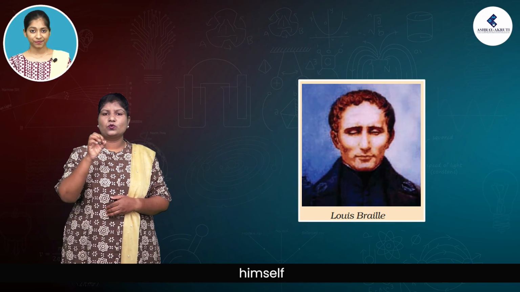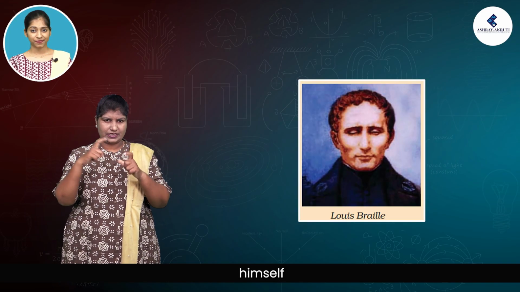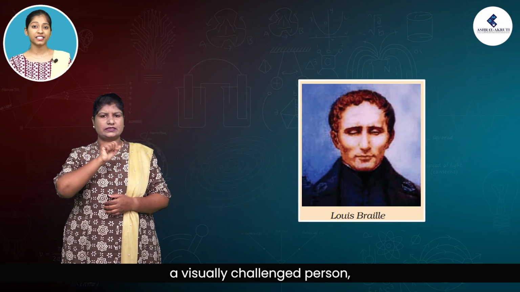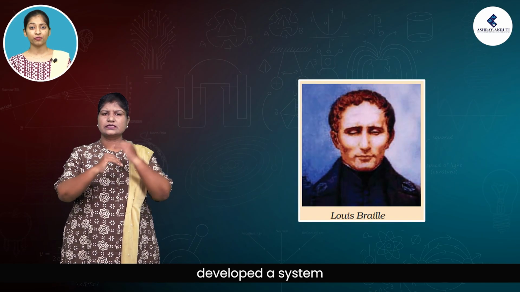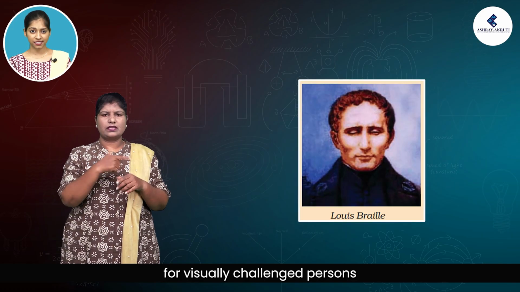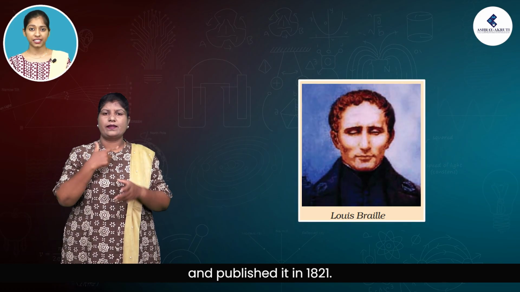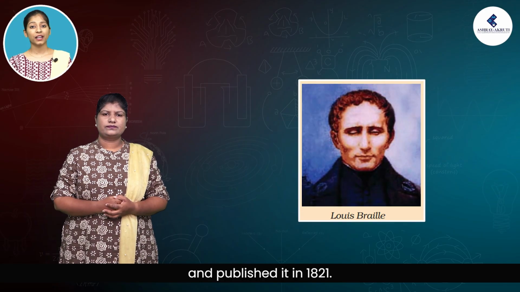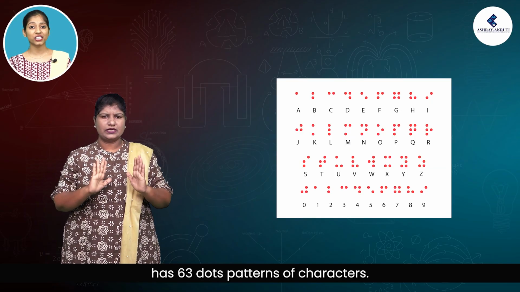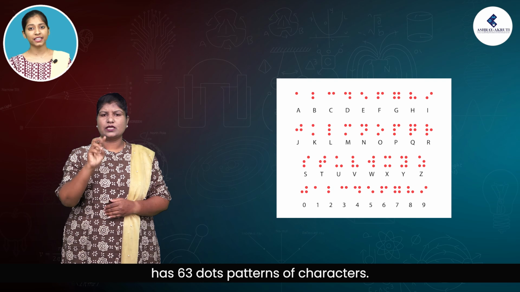Louis Braille, himself a visually challenged person, developed a system for visually challenged persons and published it in 1821. Braille system has 63 dot patterns or characters.